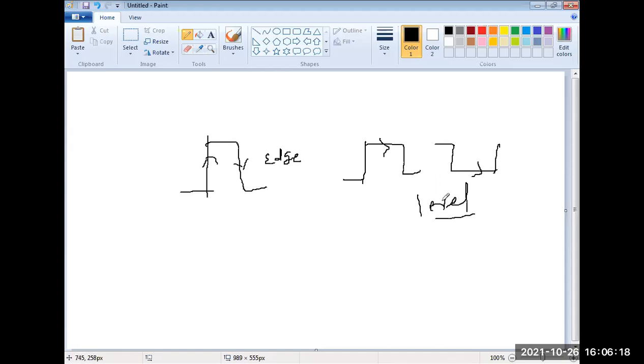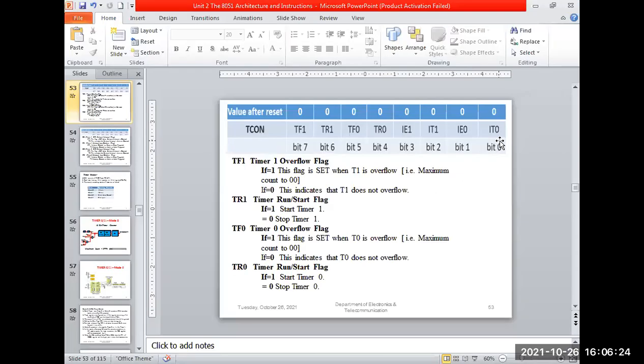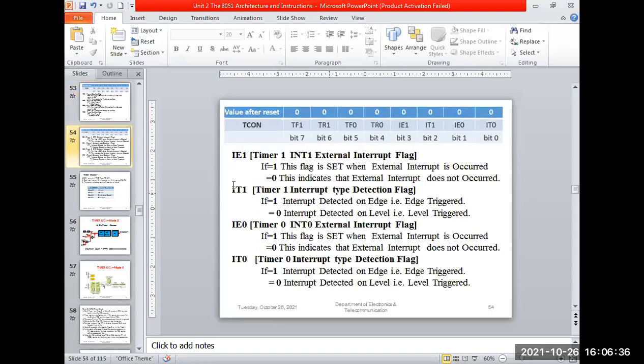So with the help of this pin, IT0 and IT1 will indicate whether the interrupt that occurs is edge triggered or level triggered, based on the value of that. And what is that value? We'll see that also. See here.